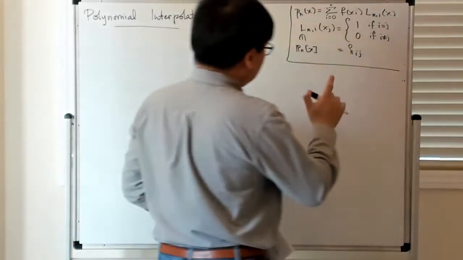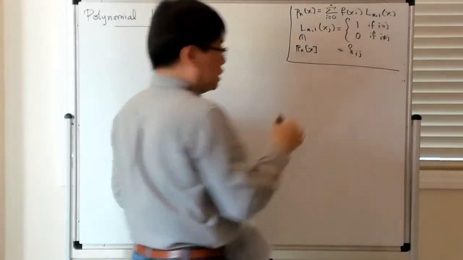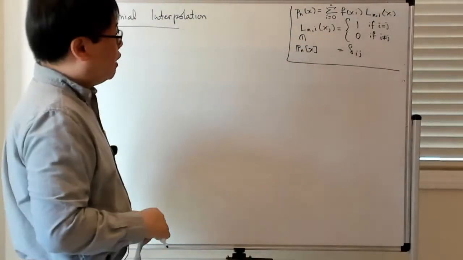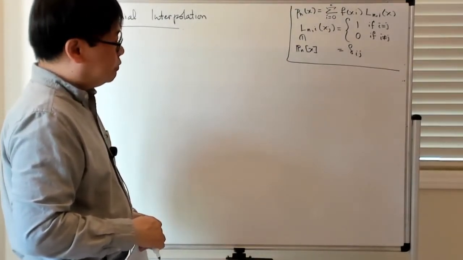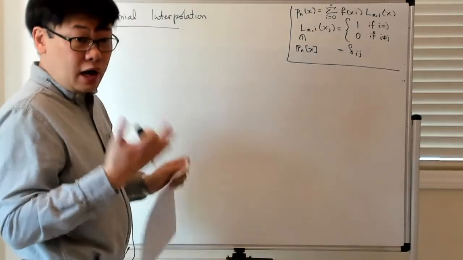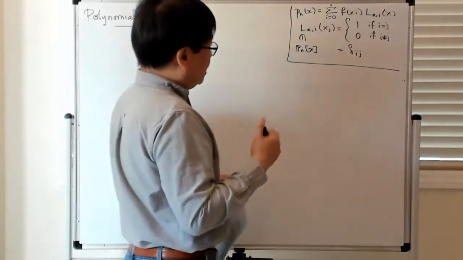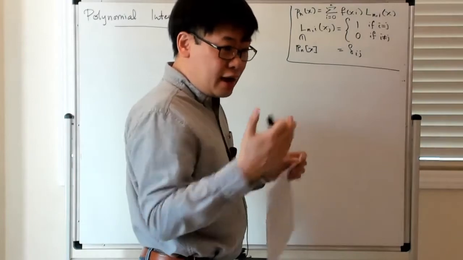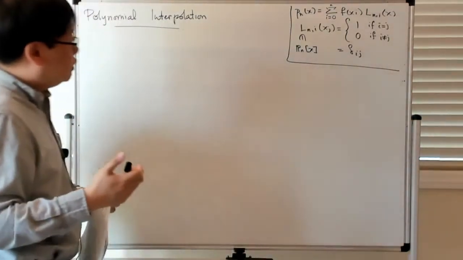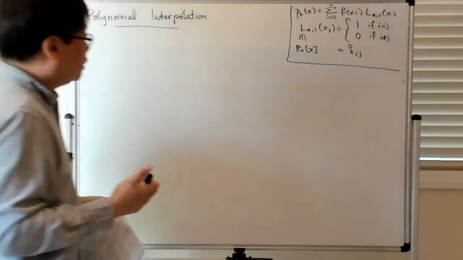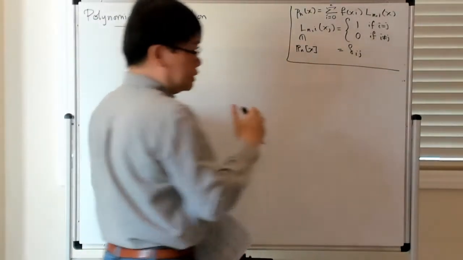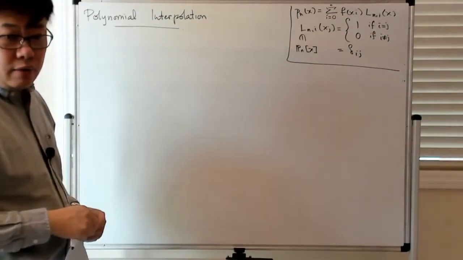The first observation is the following. You probably know that if you have a polynomial, then it is determined up to some constant by its roots. If you have n distinct roots of a polynomial, then a polynomial of degree n is determined up to a constant by its roots.